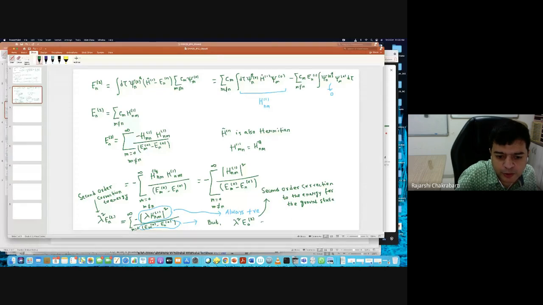You need to find E_m^0 divided by E_0^0. When n equals 0, you'll have this. Now, what is this quantity? Is it positive or negative?